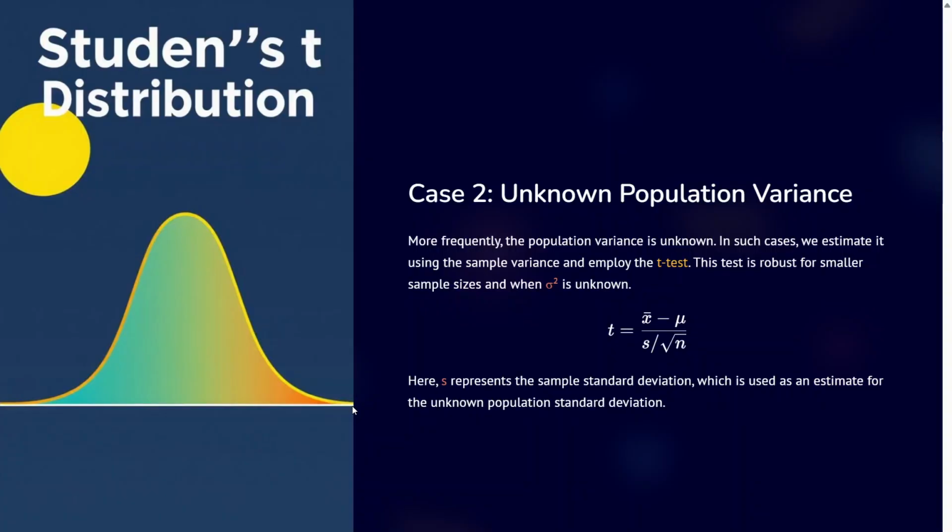Now for unknown population variance, we often use the t-test. More often, we don't know the population variance. In that case, we estimate it using the sample variance and we use the t-test. The t-test is more flexible and works well with smaller samples. That's why it's used much more often in practice than the z-test.